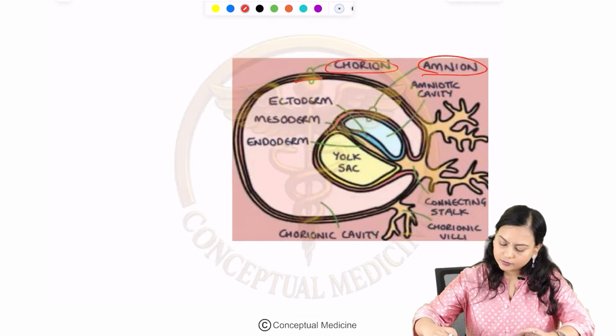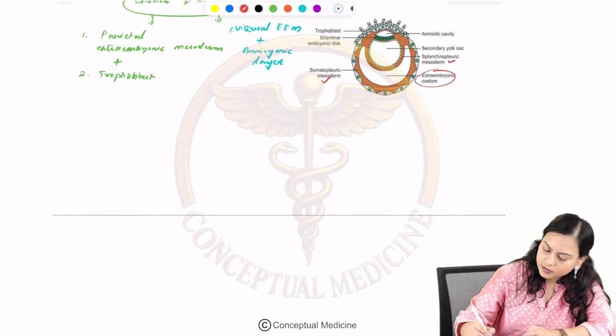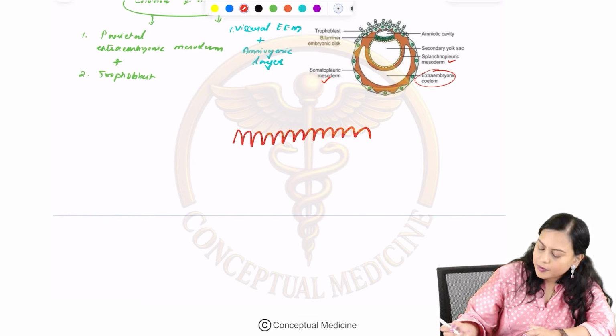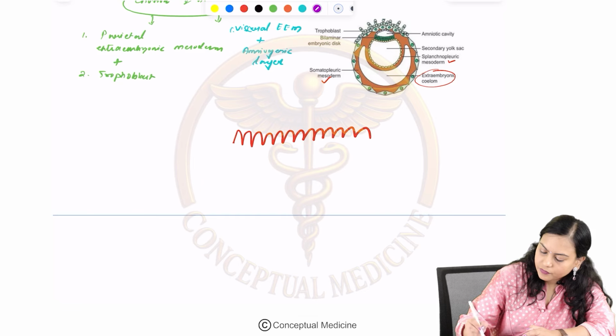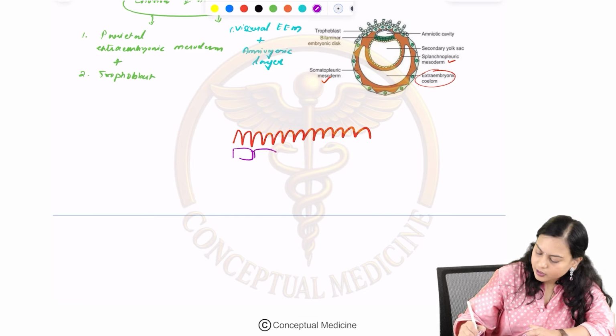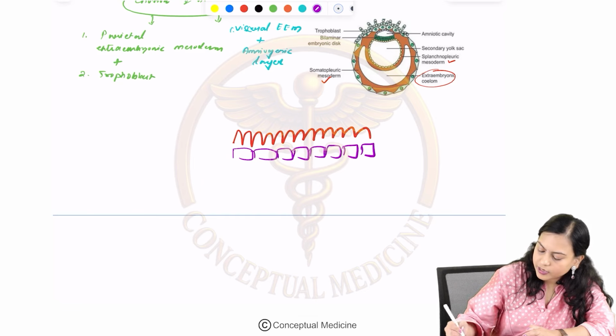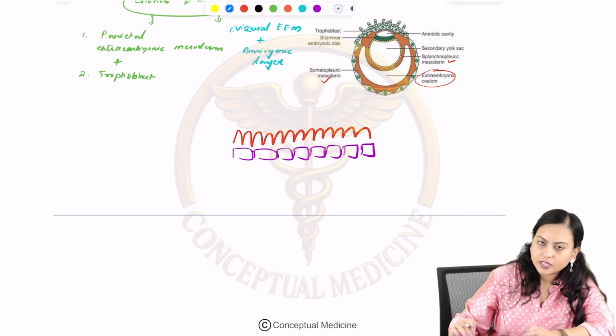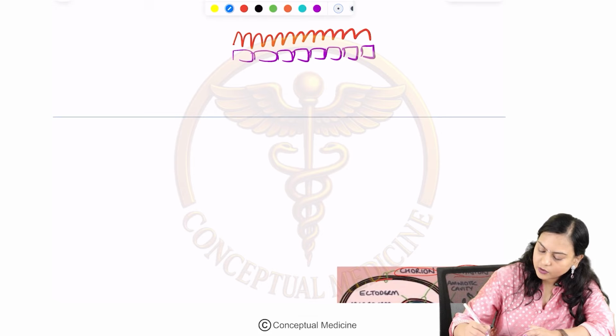Okay. Now what happens is, we have seen there is the epiblast layer and the hypoblast, like this, right? What happens is, some of the cells of the hypoblast now become columnar cells. Okay. So this is how it will become.